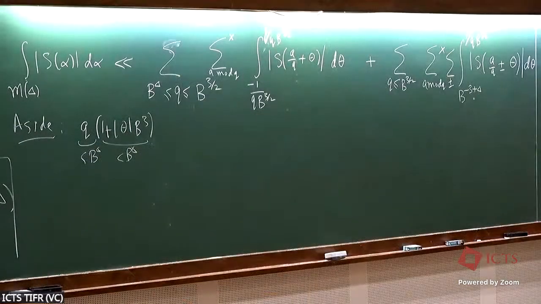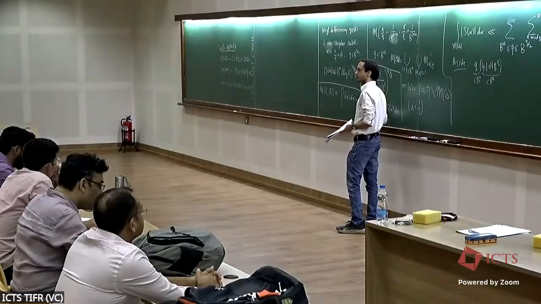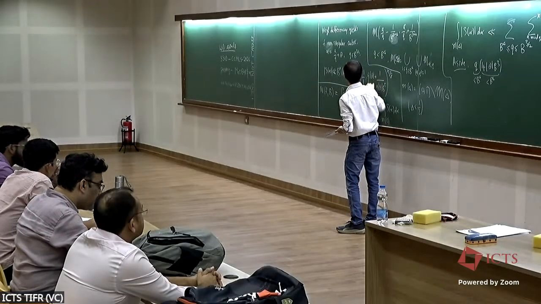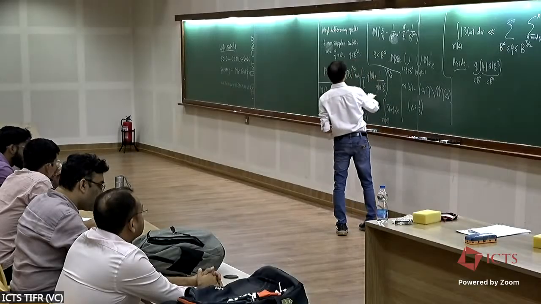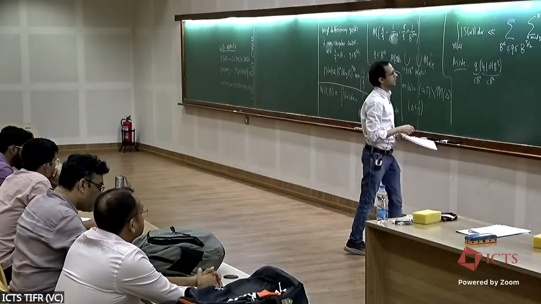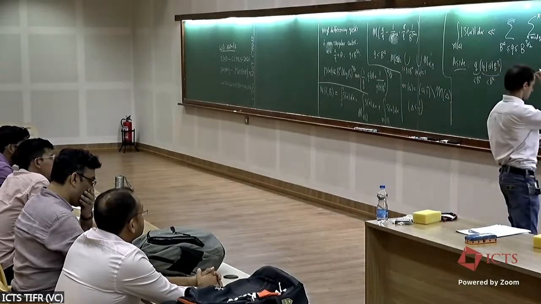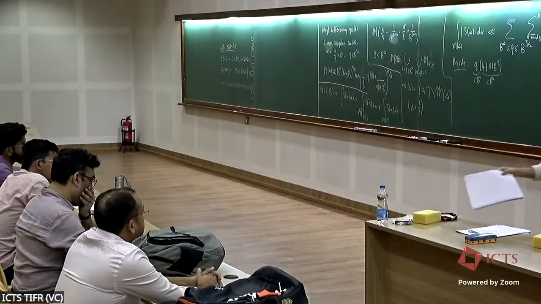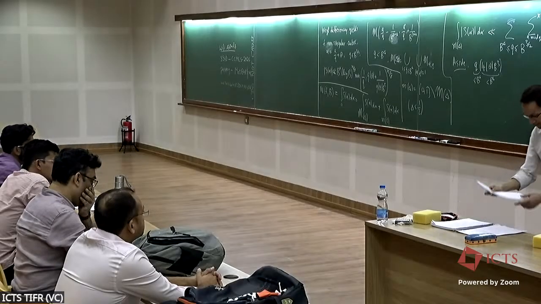So we notice which one is the bigger one over here. So it basically matches up, this is the one that should contribute because theta small means this 1 over is big. And so if one applies Weyl differencing lemma at this point, one ends up getting a bound that looks like this.